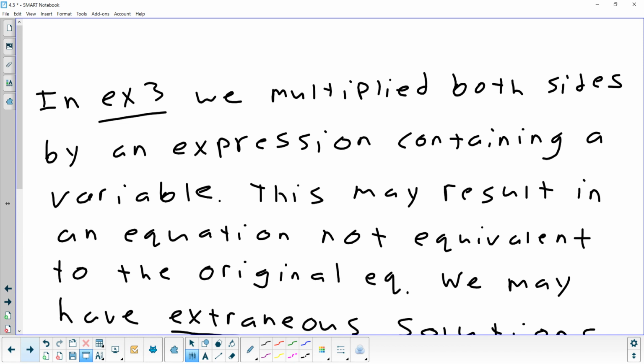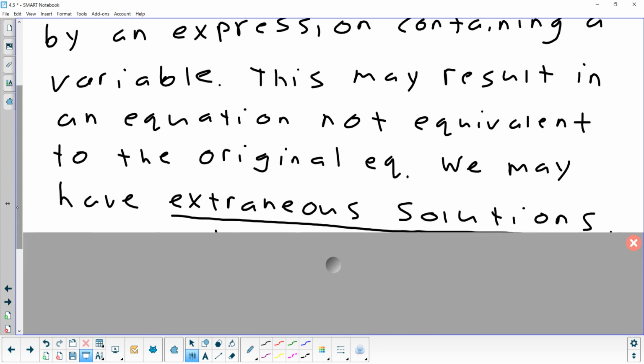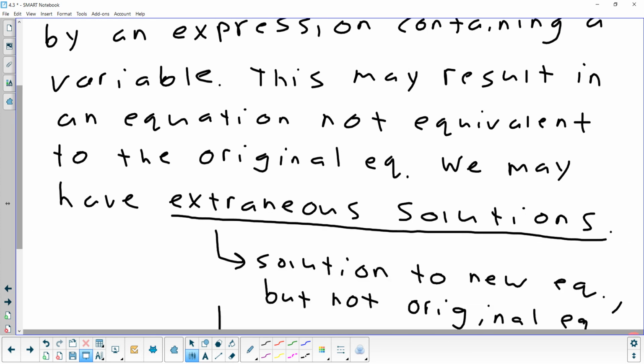It just means that you multiplied both sides by an expression that had a variable in it. It's a solution to the new thing that you created by multiplying both sides by a variable, but it would not work in the original problem before you did that.